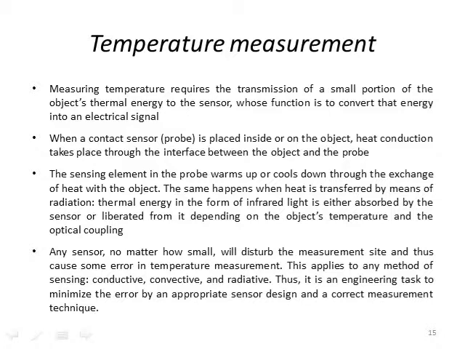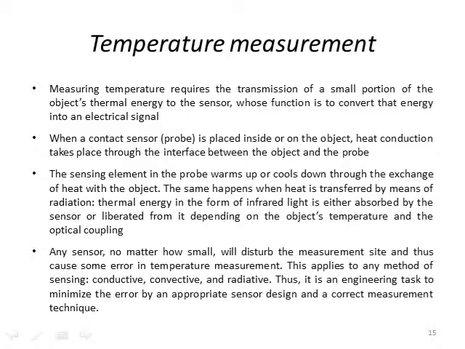When a contact sensor, as we saw in the example, is placed on the object, heat conduction takes place between the object that you want to measure and your sensor probe. This little blob that we saw, the sensor, when it touches, heat conduction. So we want the heat conduction to be very, very good between our sensor probe and our heated object.